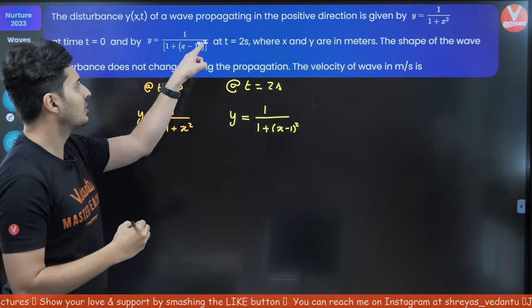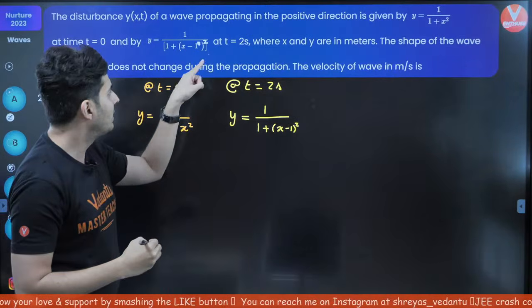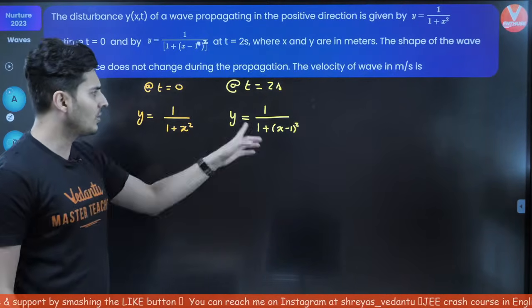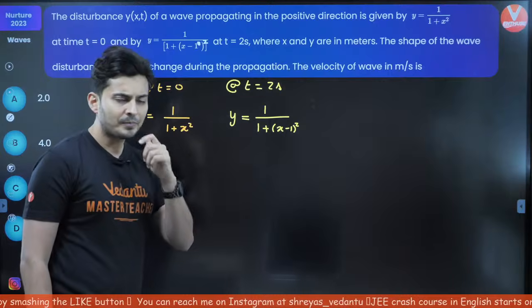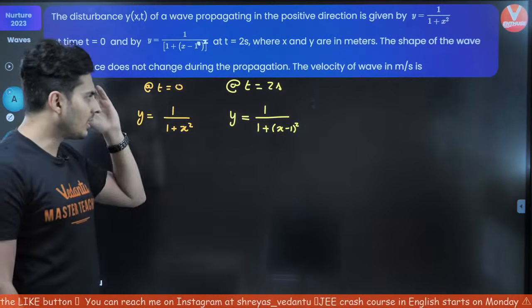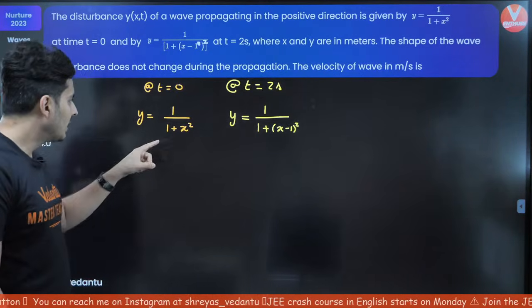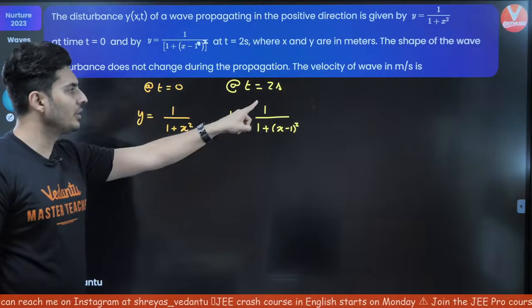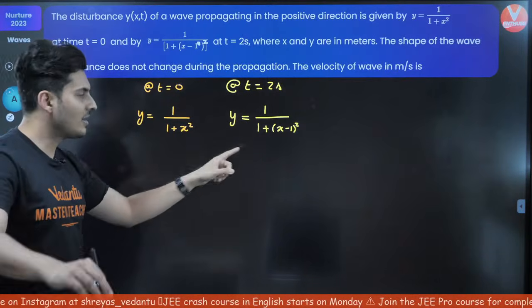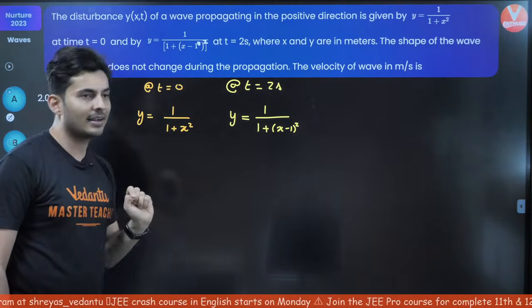That raised to 2 is outside the round brackets, not the square brackets. This is how it looks at t equal to 2 seconds. Now, this should immediately click in your mind that something is happening not in the numerator but in the denominator, and not everywhere, only where that x is.